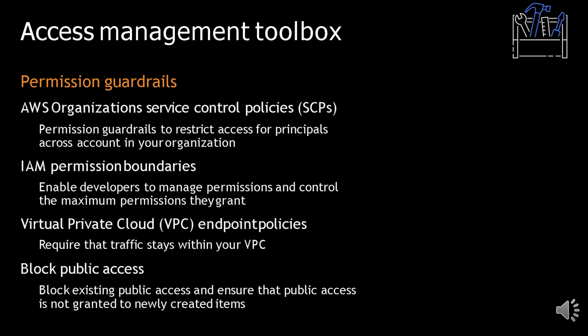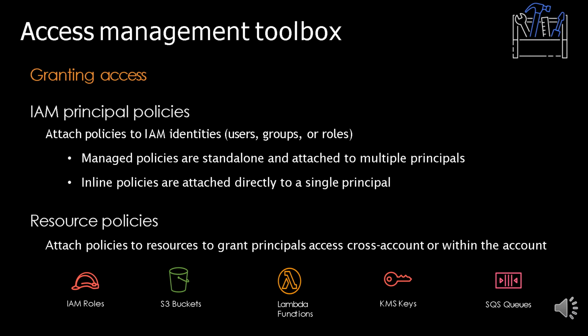And this allows developers to create roles and control the maximum permission of those roles. We also have VPC endpoint policies, which requires that our traffic stay within our VPC. And finally, we have block public access, which blocks existing public access and ensures that new public access is not granted.